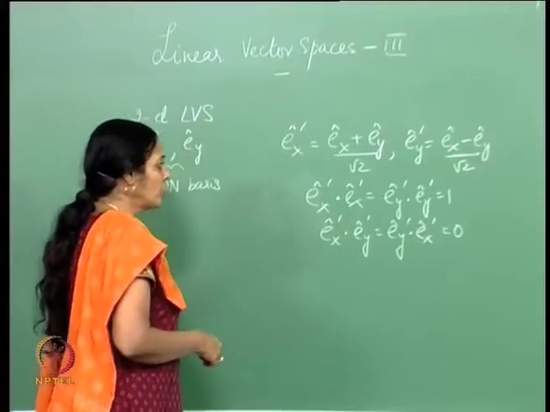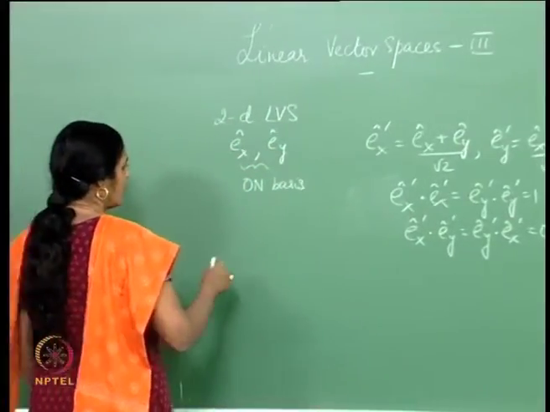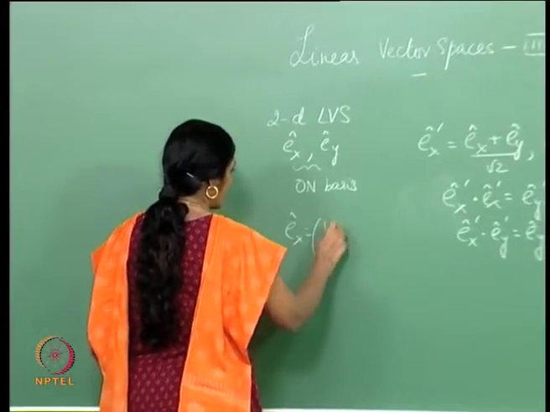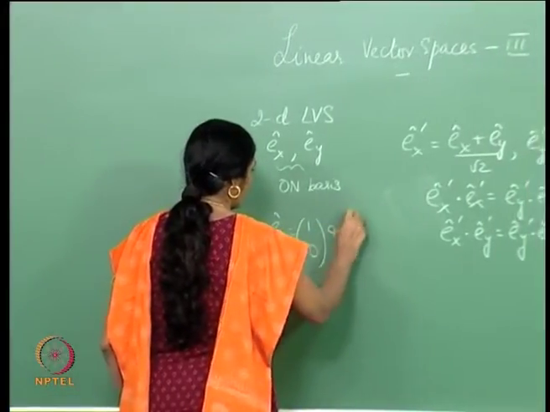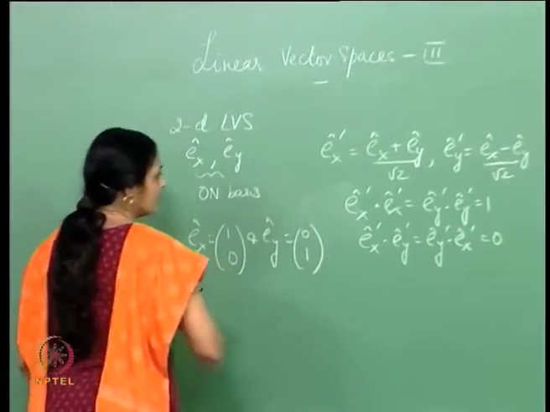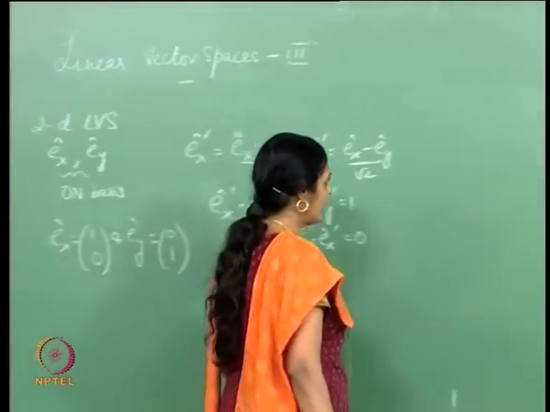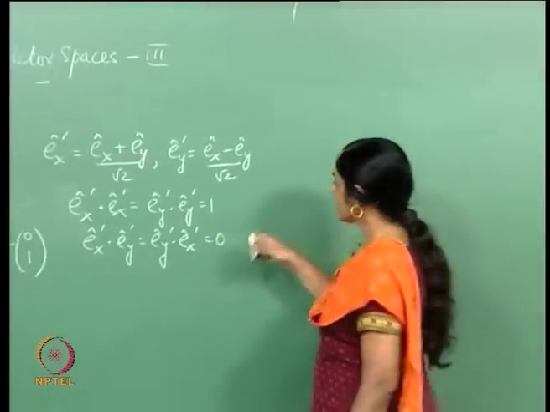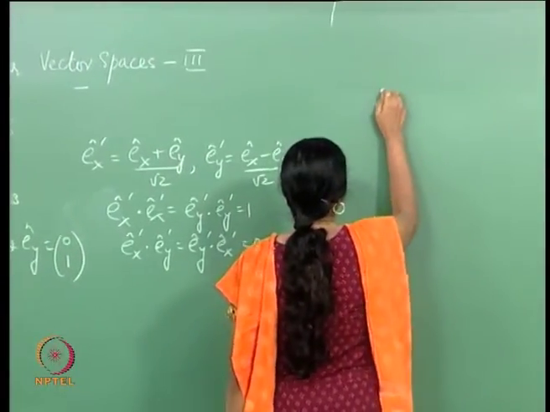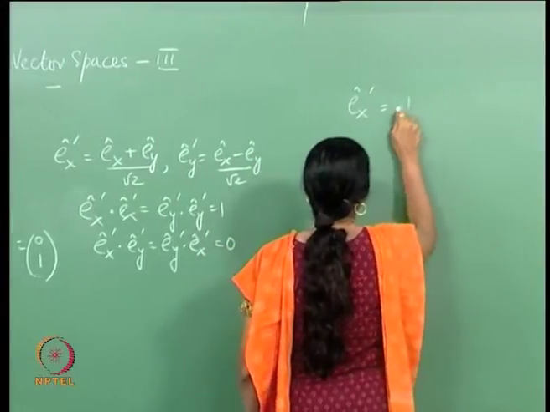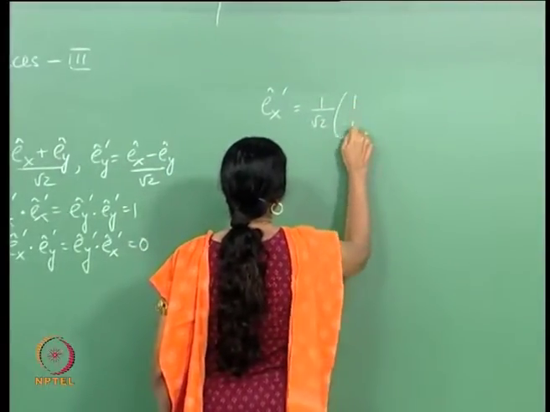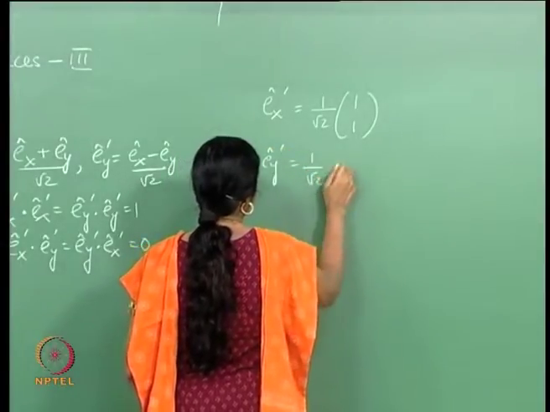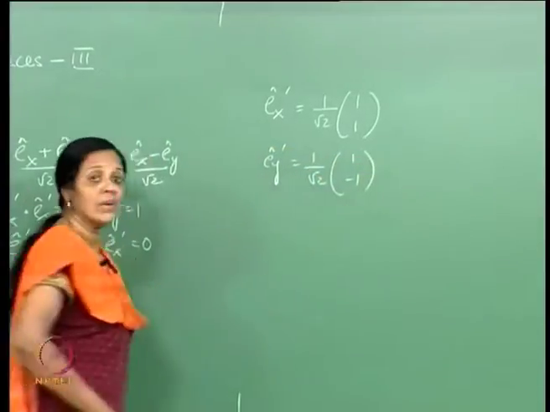The point is the following: if we started by representing Ex as 1 0 and Ey as 0 1, which has been our notation in terms of column vectors, then it is easy for you to check that Ex prime is 1 by root 2 times 1 1 and Ey prime is 1 by root 2 times 1 minus 1.